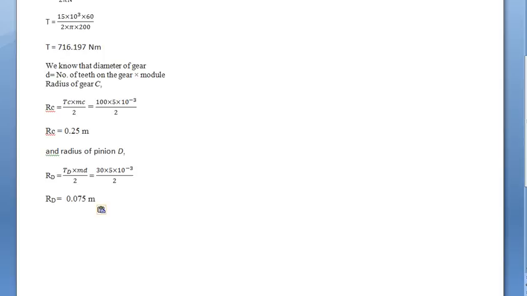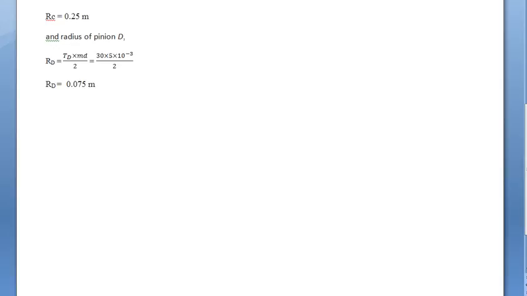Now we know that the diameter of gear D equals number of teeth on the gear into module. So the radius of the gear is equal to TC into module upon 2. So we get radius equals 0.25 meter, and radius of pinion equals TD into module upon 2, which equals 0.075 meter.